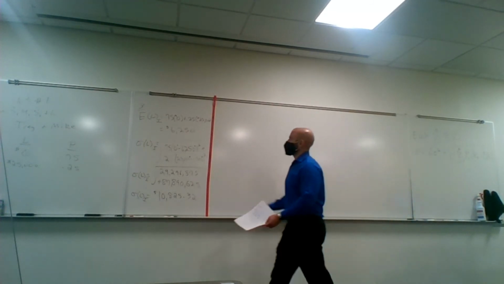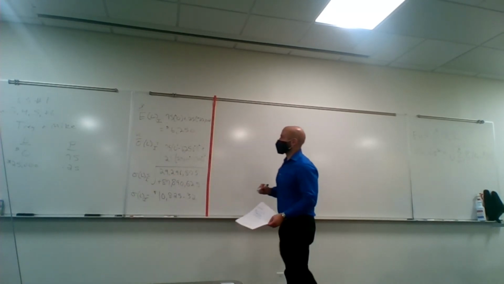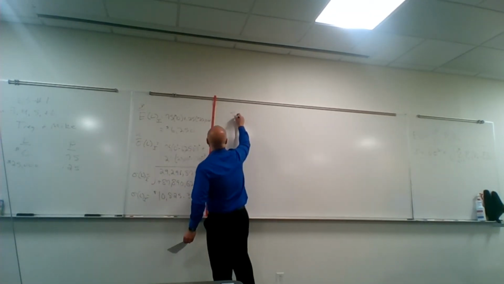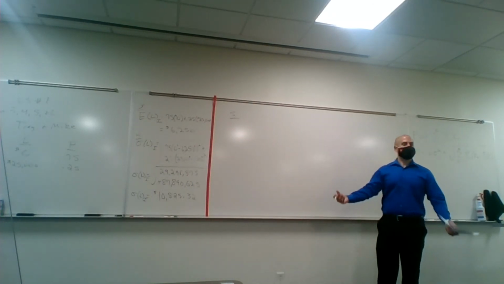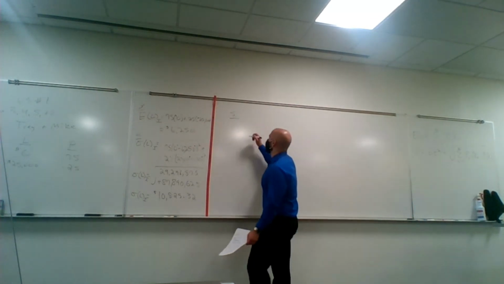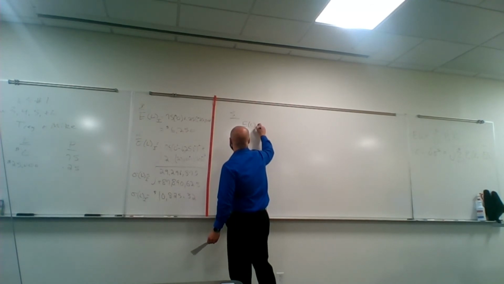So this is 3, this is 4. So 5, I ask you to do the expected loss for the pool. We can just multiply the current expected loss by the number of people in the pool. So we want to know the expected loss of the pool.